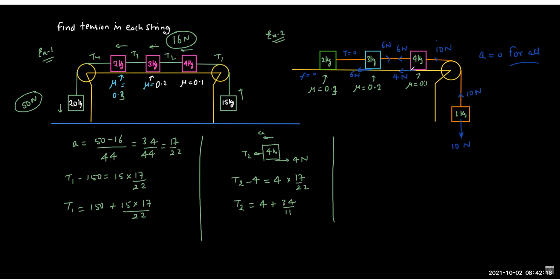Once friction fails, tension develops for the remaining 6 Newton. That 6 Newton pulls the 3 kg block, but friction can go up to 6 Newton, so it completely balances. So there is no tension in the last string, no tendency for the 2 kg block to move, and therefore its friction is also zero.